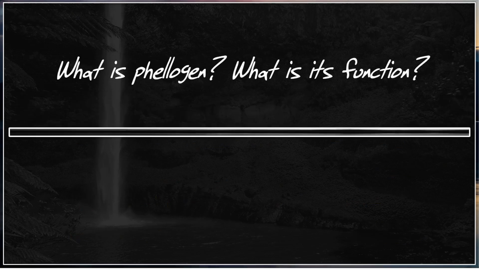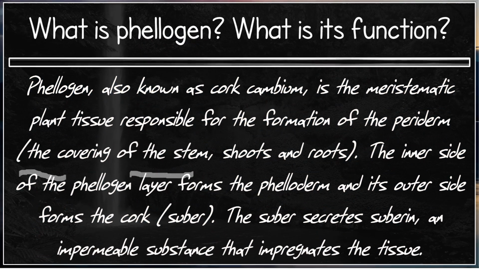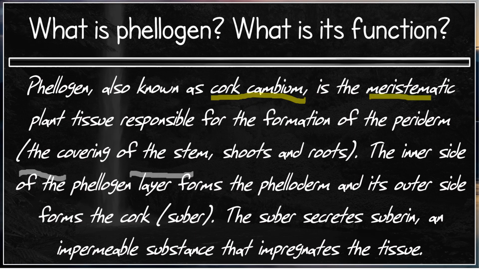What is phellogen? What is its function? Phellogen is known as the cork cambium. It is the meristematic plant tissue responsible for the formation of the periderm, the covering of the stem, the shoot, and the roots.